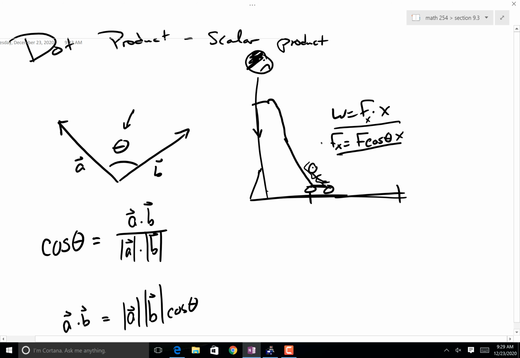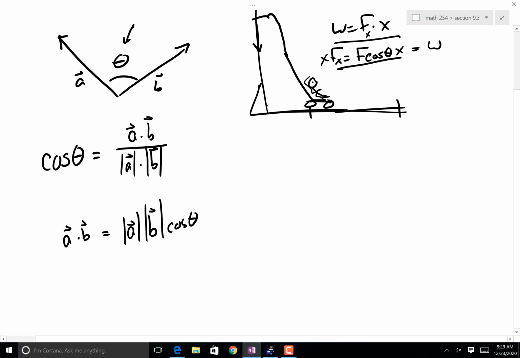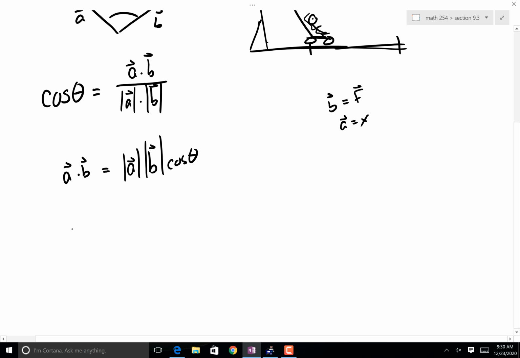In other words, let's say that B is equal to my force vector and A is equal to my displacement vector. Then I'm going to change it around because it looks stupid the other way.